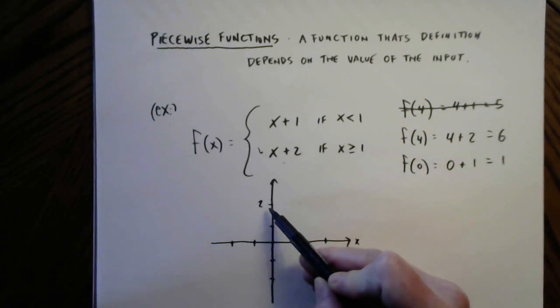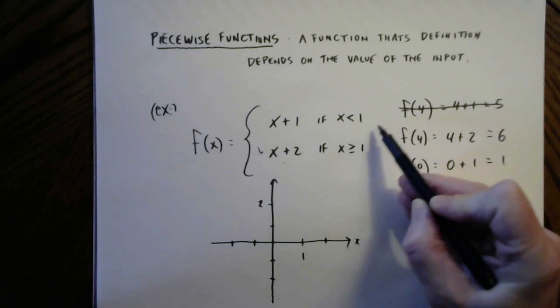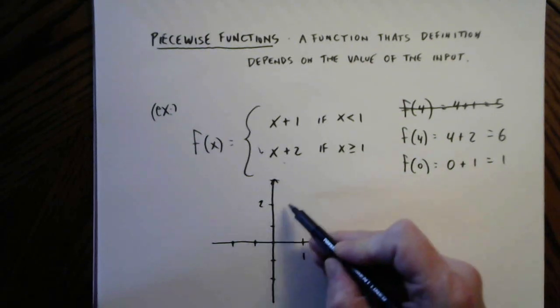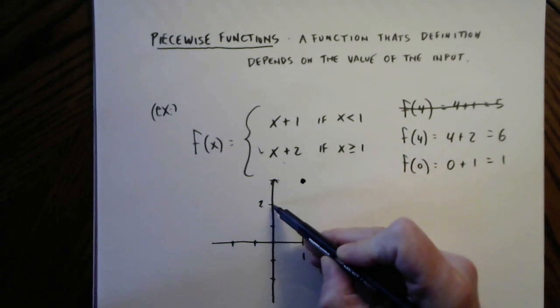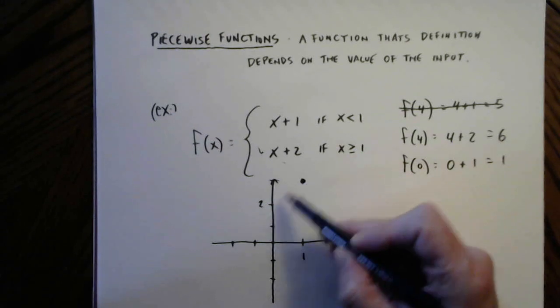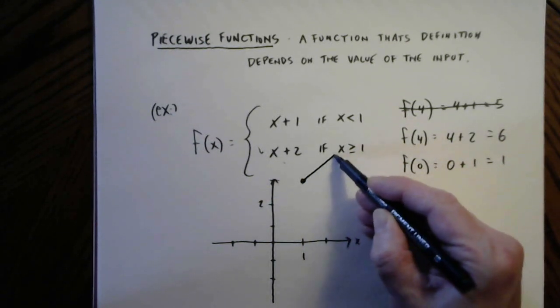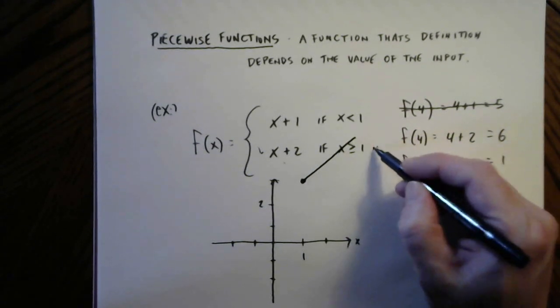So if I were to draw that line in its entirety, it would look like this, right? But it's going to start here. This would be the y-intercept, that's not part of it. The next one over is 1 up because the slope is 1. So I go 1 over, and this is the piece. This is the bottom piece.